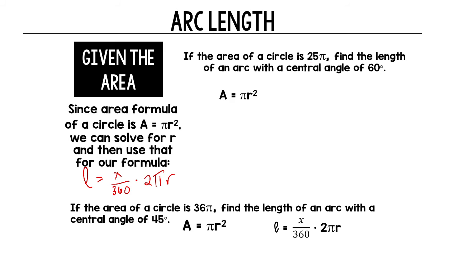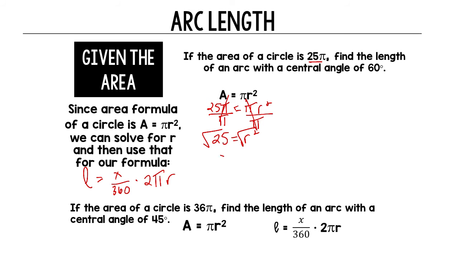So we have area is pi r squared. The area of the circle is 25 pi. Find the length of an arc with a central angle of 60 degrees. First, we find the radius. So we know the area is 25 pi, and that equals pi r squared. I divide both sides by pi to get r alone. Those cancel, so I'm left with 25 is r squared.